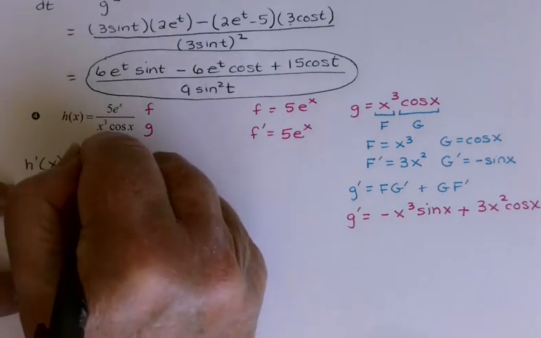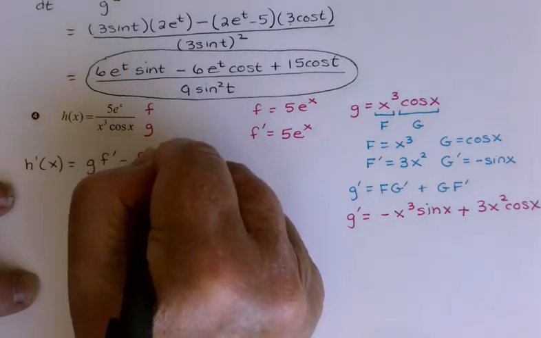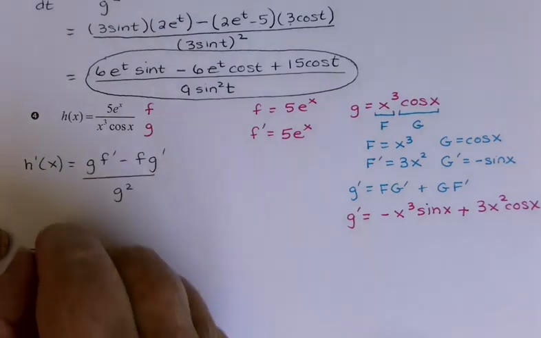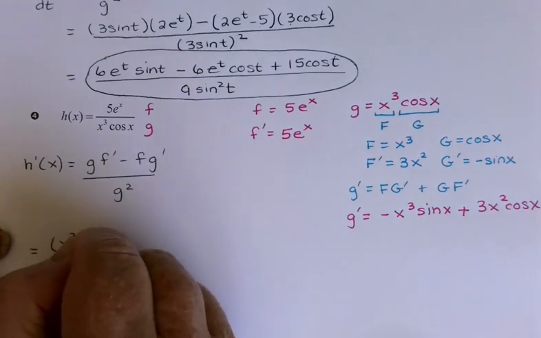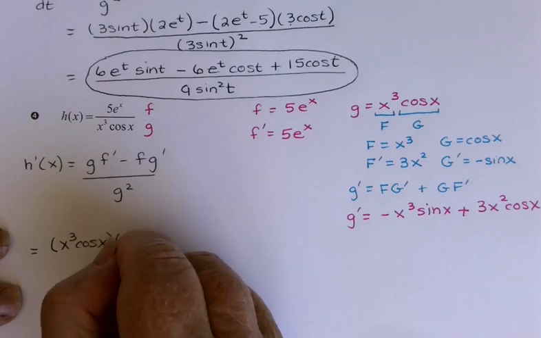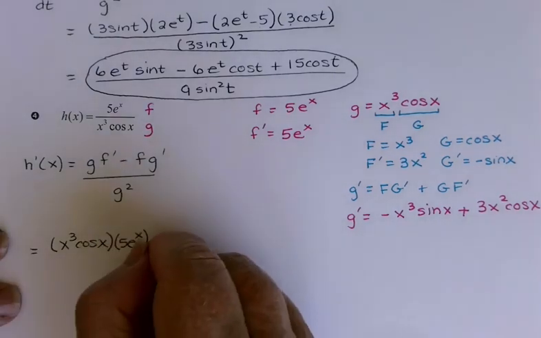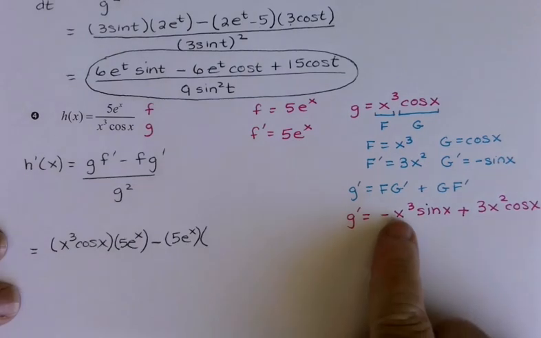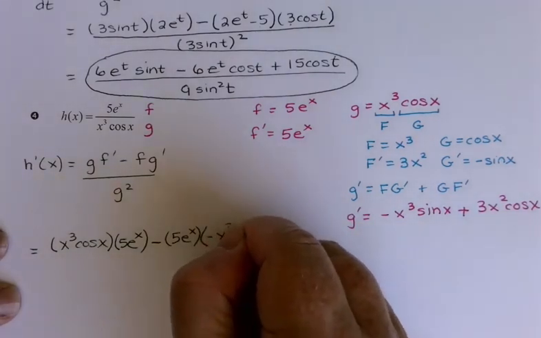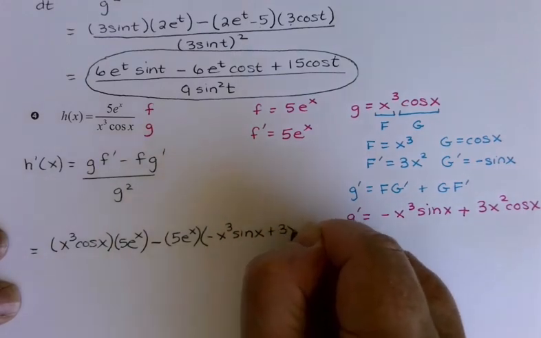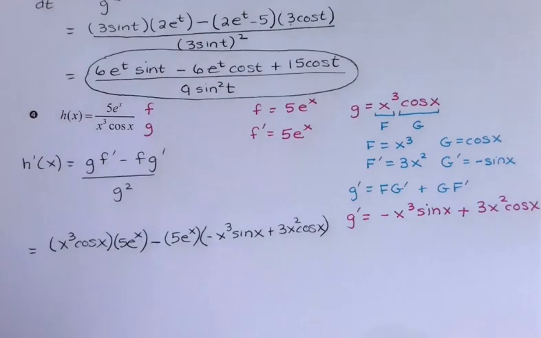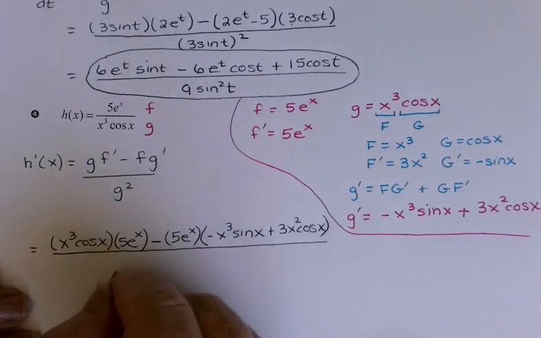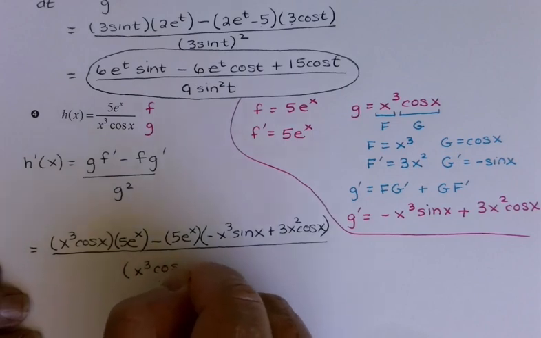So h prime of x is little g f prime minus fg prime over g squared, which will be little g x cubed cosine x times f prime 5e to the x, subtract f, 5e to the x times g prime, which is all of this, over g squared, x cubed cosine x squared.